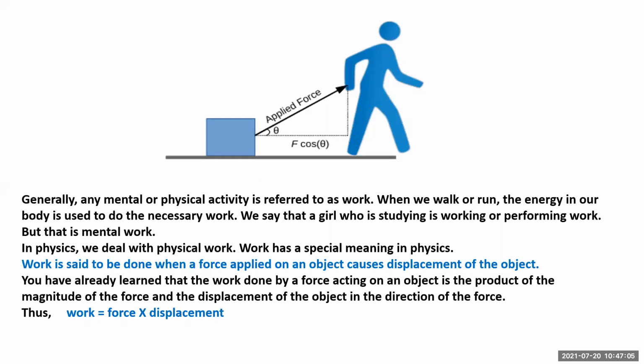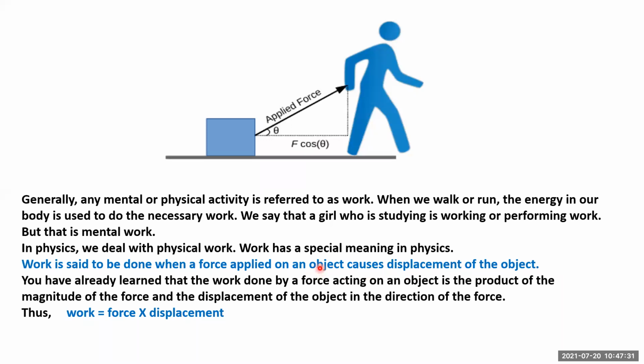We have also discussed the formula for the work done, that is, work equals force into displacement. Also, we had discussed the definition of work done: work is said to be done when force applied on an object causes displacement of the object.